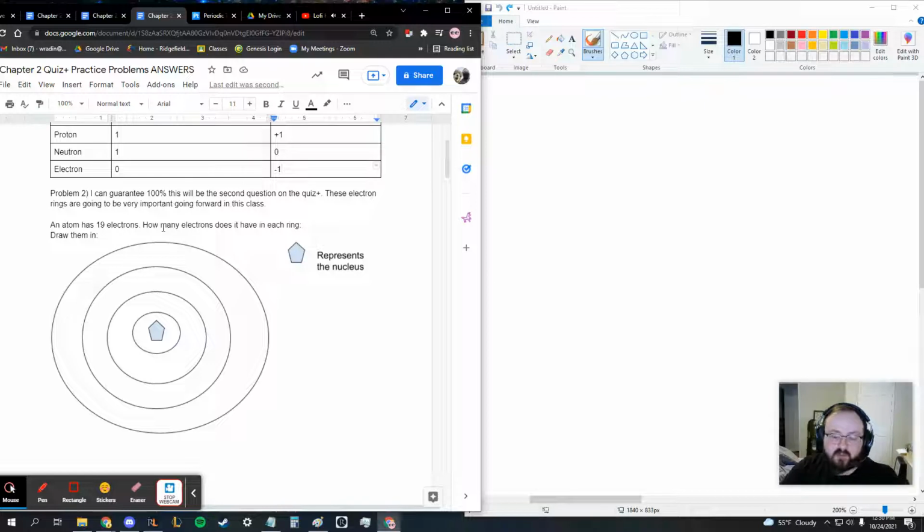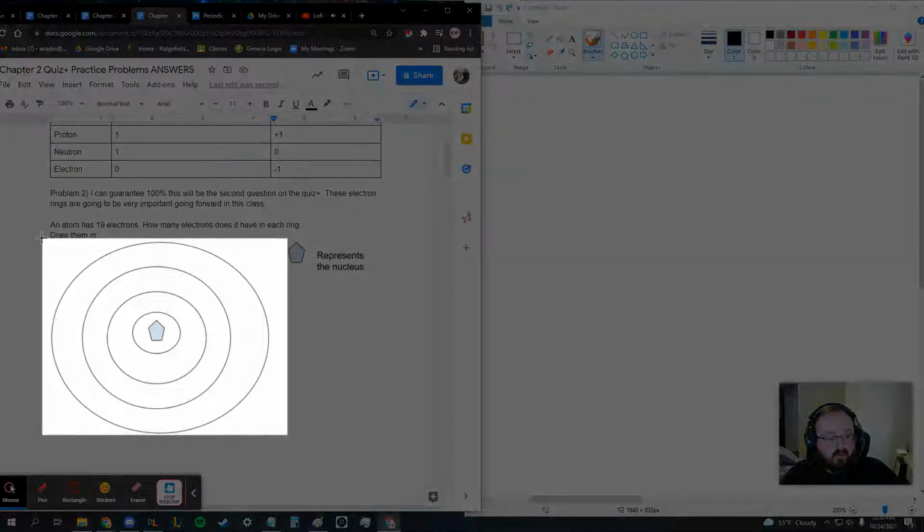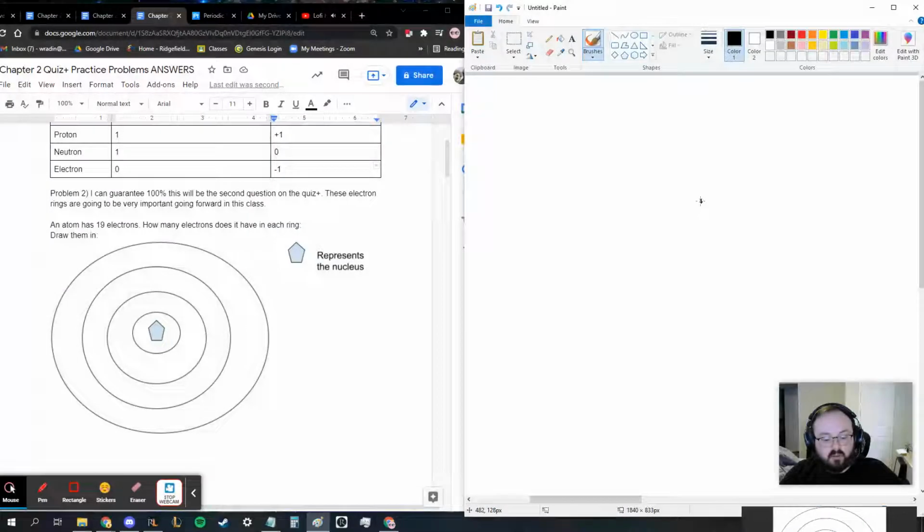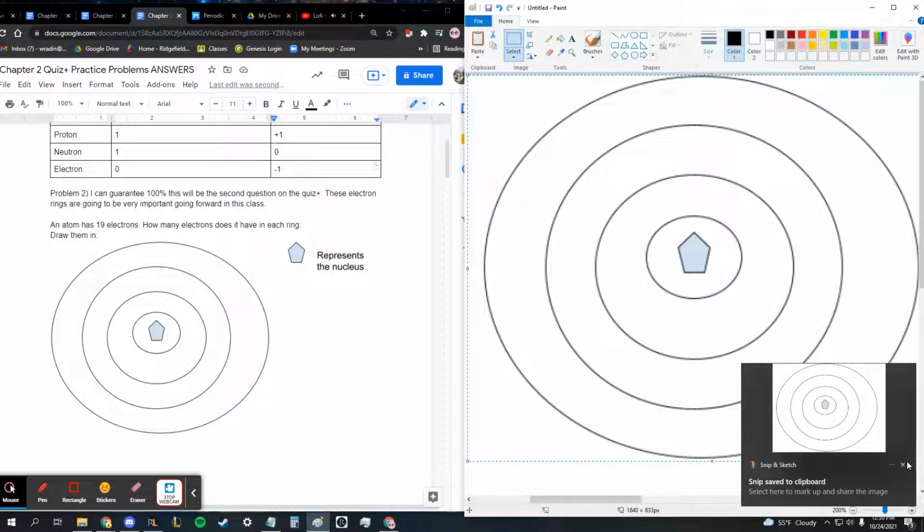During this class, we'll break down why there are certain amounts in each of these shells, and we're going to change the way that we look at atoms because we've been representing them in this two-dimensional form. But this is a good basis to start. I'm going to copy this into Paint so I can easily draw it.